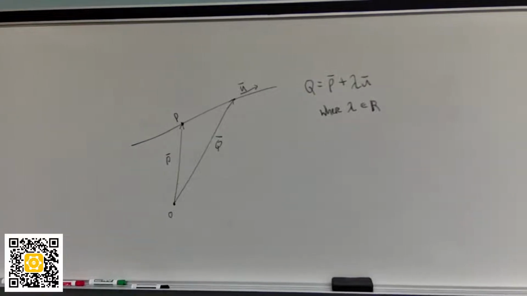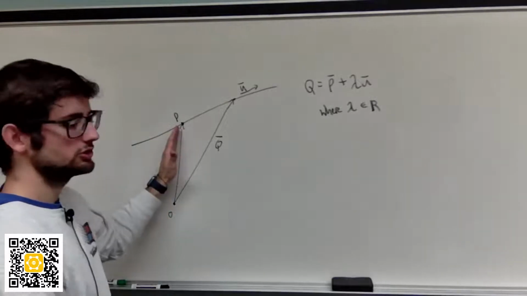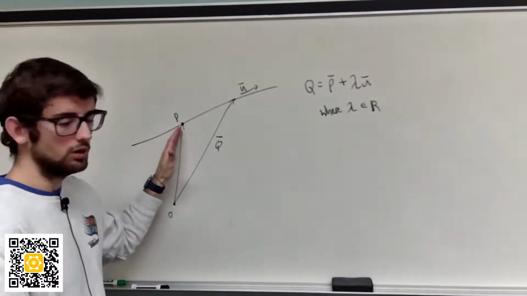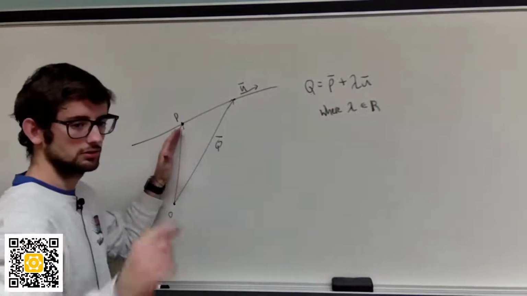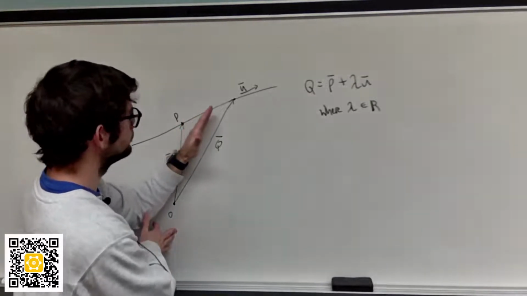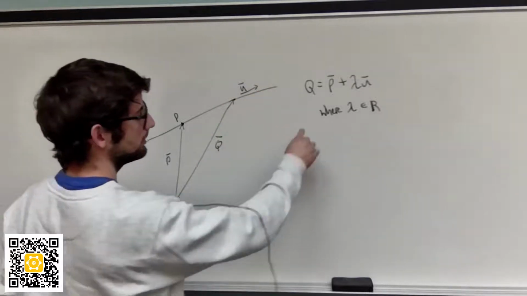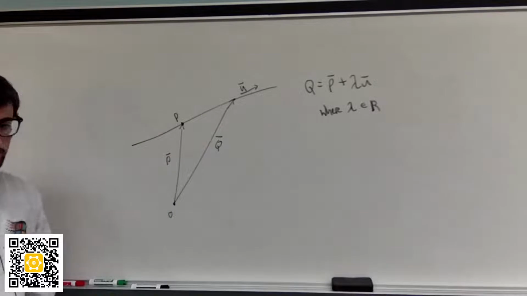Exactly. So with that lambda and this p vector, we can stretch or augment this p vector any way we want by using lambda and the u vector, the direction vector. If I have a positive lambda, I'll be moving it over here, and I can represent any point on this line with just this. If it's negative, I'll be going backwards.